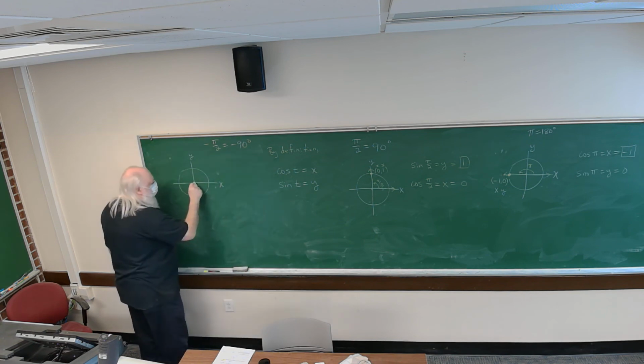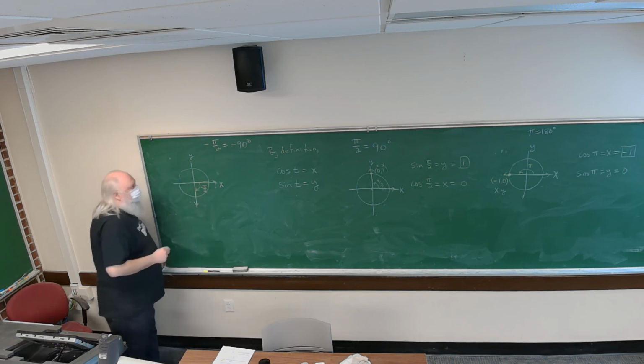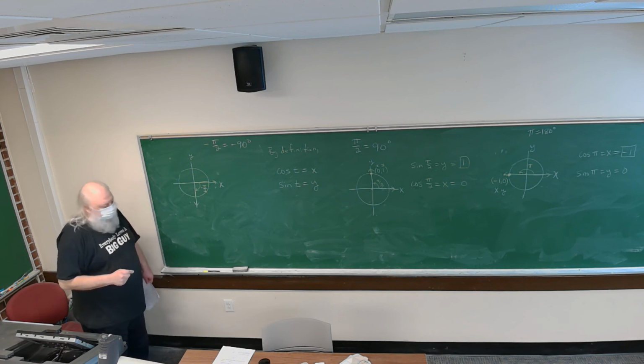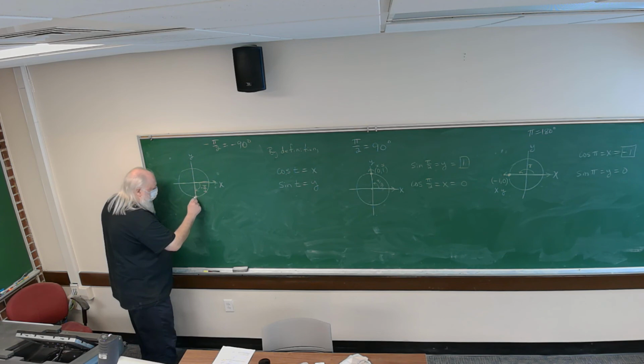So here's the initial side. Here's the terminal side for minus pi over 2 radians, minus 90 degrees. And so the terminal side crosses the circle at the point 0, minus 1.